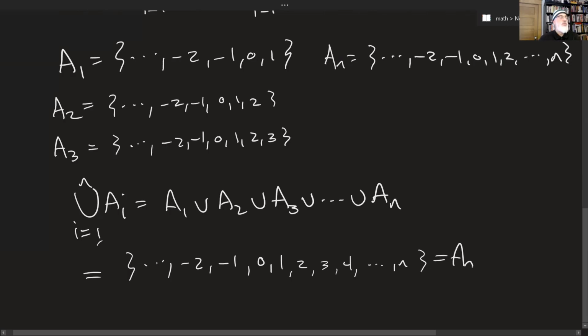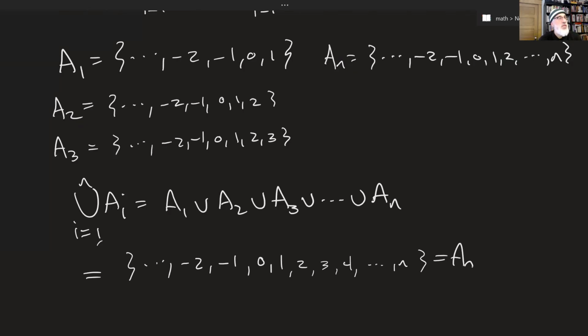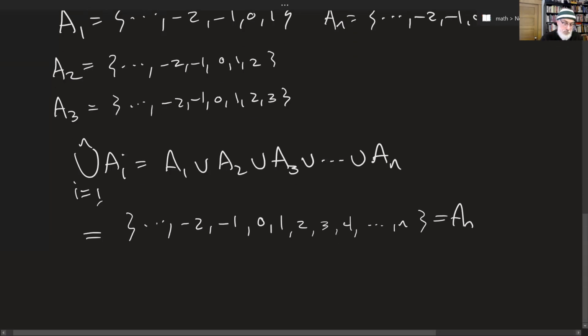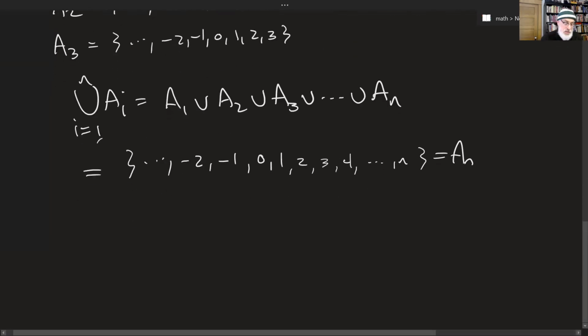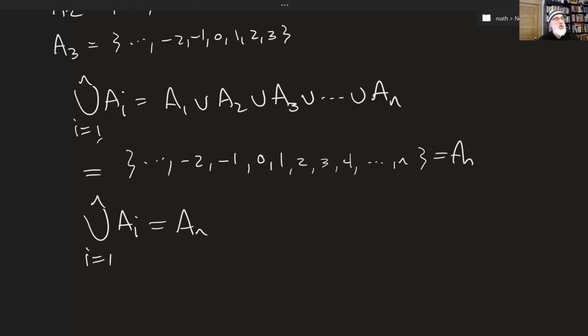So much like in question 47, the union of these A sub i's will always be the largest of these sets, in this case A sub n. So the union of all A sub i's from 1 to n is equal to A sub n. In other words, all of the negative integers, 0, and then we'll start counting from 1, 2, 3, all the way up until we terminate at n, and that will be the union of these sets.